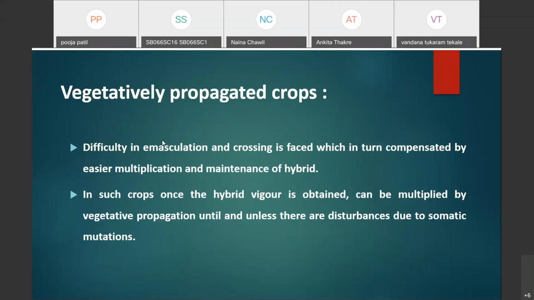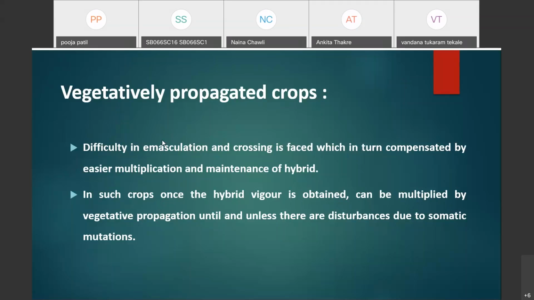There is much difficulty in the methods of emasculation and crossing in vegetatively propagated crops, but once the hybrid vigor or heterosis is obtained in the hybrid, it is very easy to multiply them and to maintain their superiority.